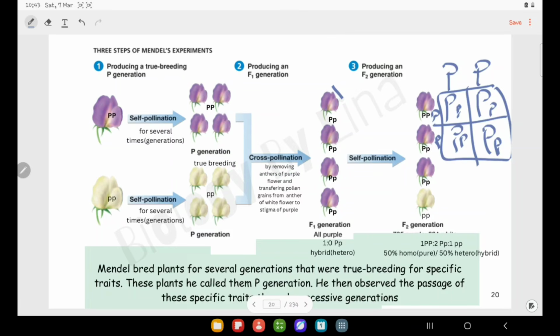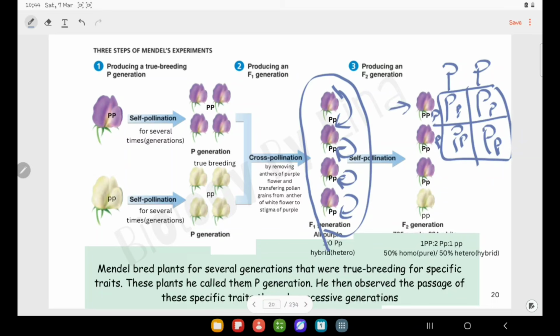Now, in the third step, he let the F1 generation cross themselves by self-pollination. So he did self-pollination for all of the F1 generation, and what he got in F2, named the second filial generation, was one P capital P capital, two P capital P small, and one P small P small.